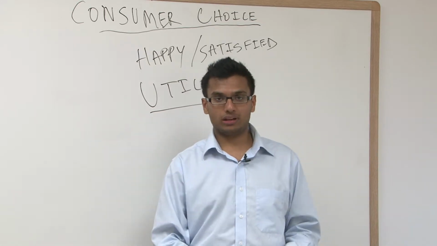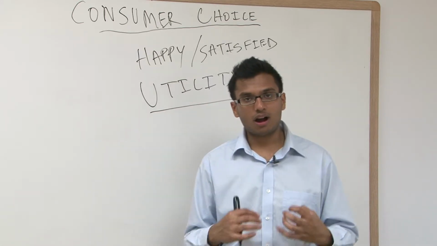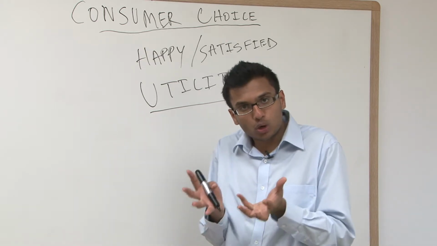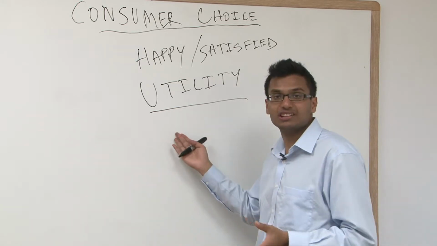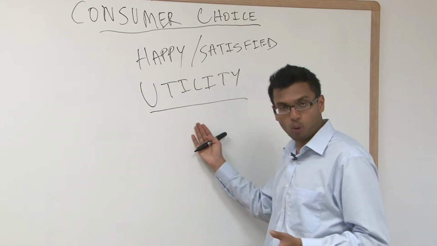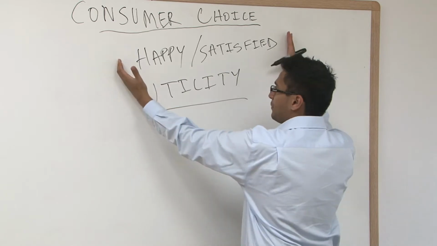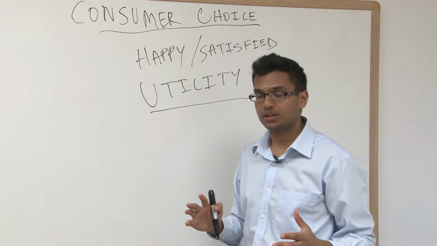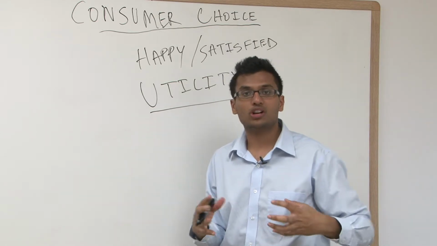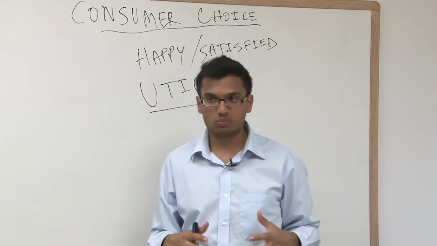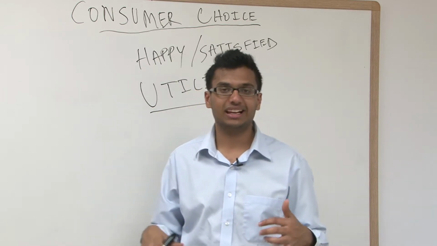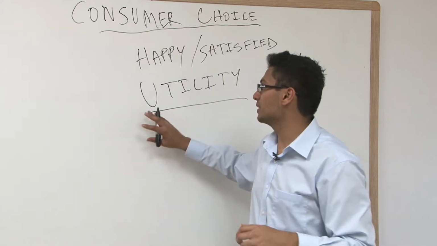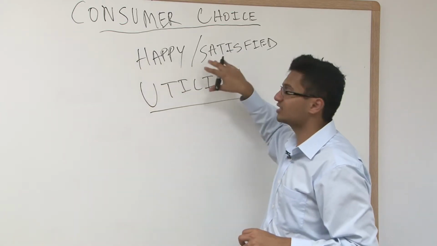Because when you go out and get that ice cream, right, as an economist, we want to understand how much, we're trying to quantify how much utility you're getting, right? It's extremely important because if we can quantify the happiness or the utility that you get from eating that ice cream, we can tell you how much ice cream you're going to consume, right, and how much before you're going to go, ugh, like I've had 5 ice creams and I kind of feel bad, okay? So utility is extremely important because it quantifies happiness or satisfaction.